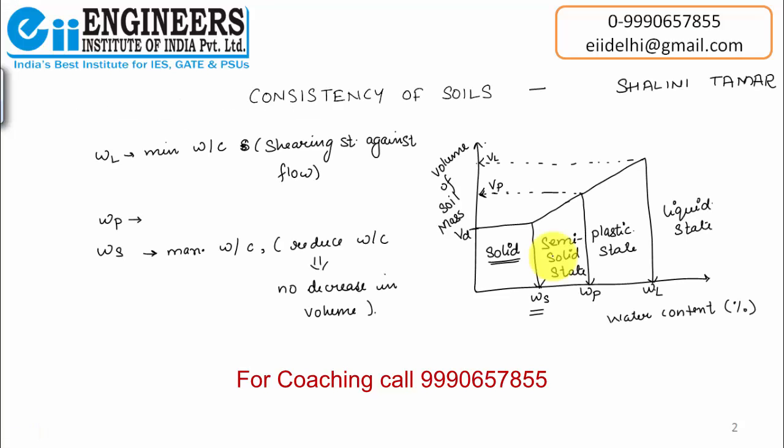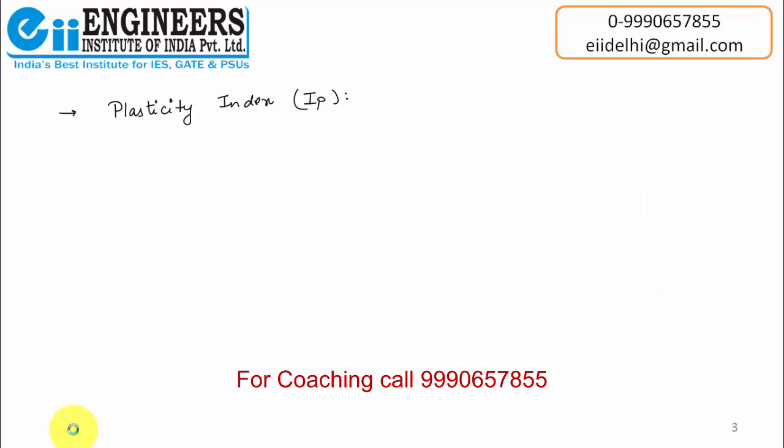That means this range is the range of plasticity, so I have defined a term for that, plasticity index IP. So I can say that IP is equal to WL minus WP.